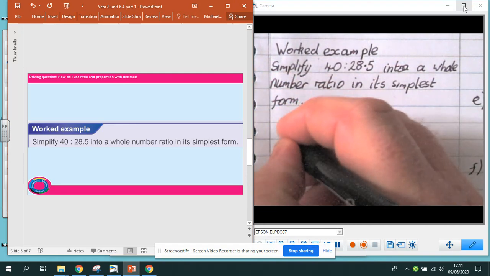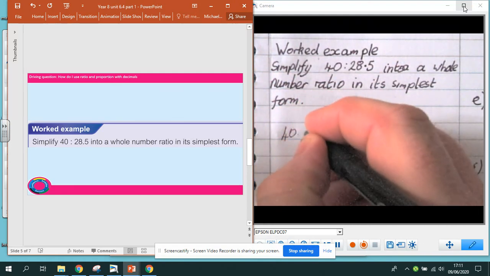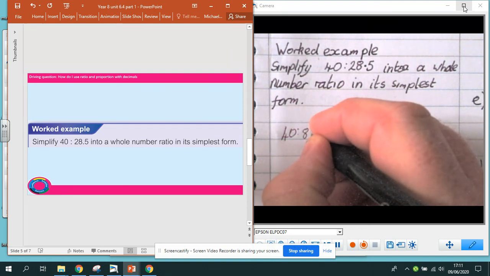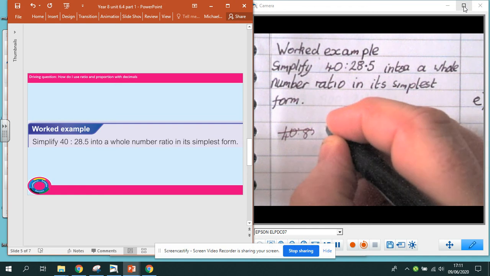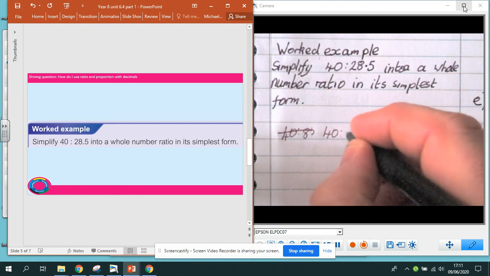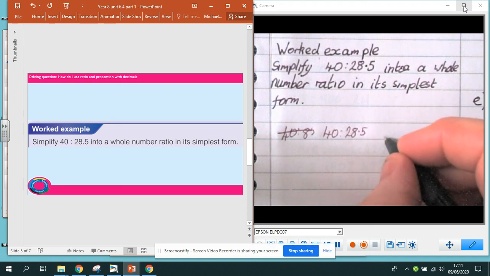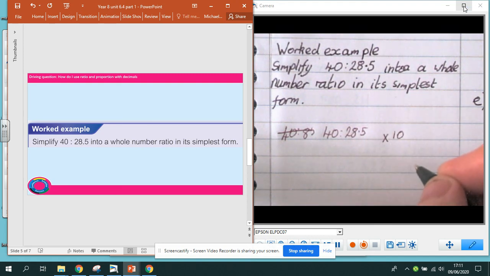So with my 40 to 28.5, I'm going to multiply both of the numbers by 10. That keeps their proportion the same, and it will make them both whole numbers.